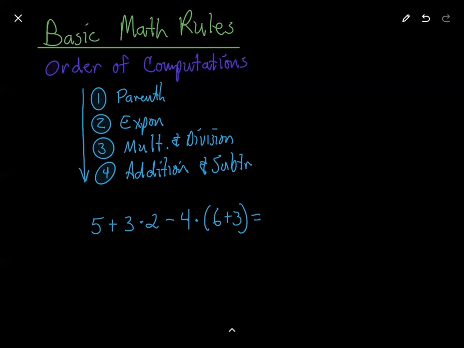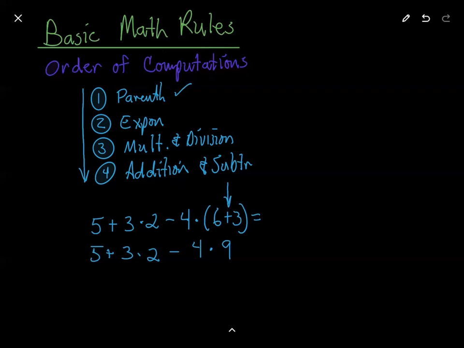It's a pretty long equation, or math problem, we'll call it that. But let's apply these order of computations to it. What's in the parentheses needs to happen first. So when we convert this, this is going to end up being 5 plus 3 times 2 minus 4 times 9. So we got the parentheses first.